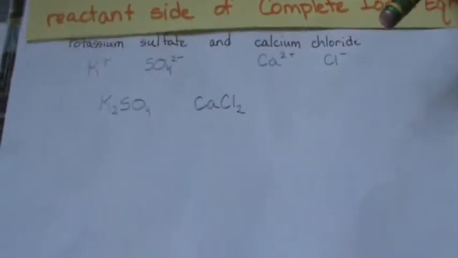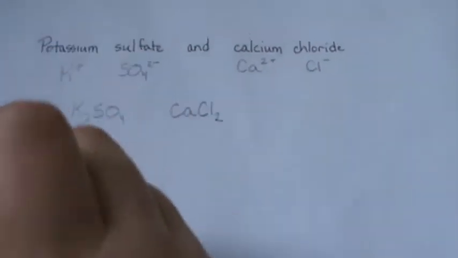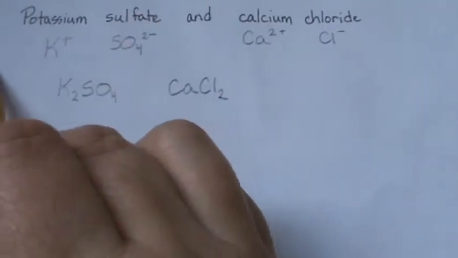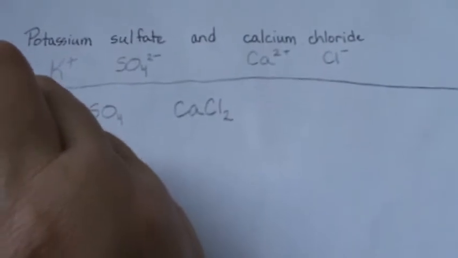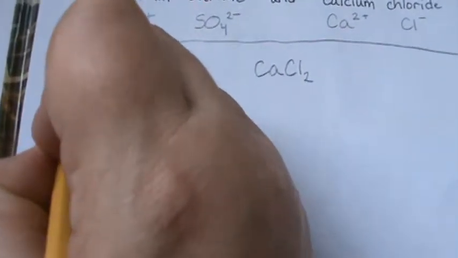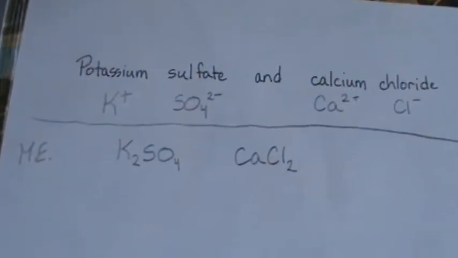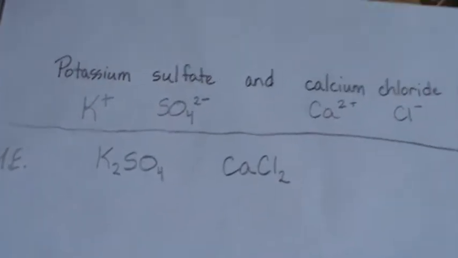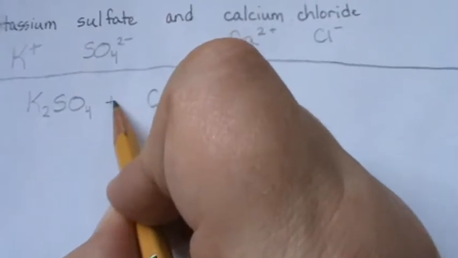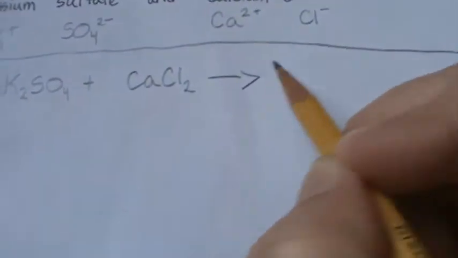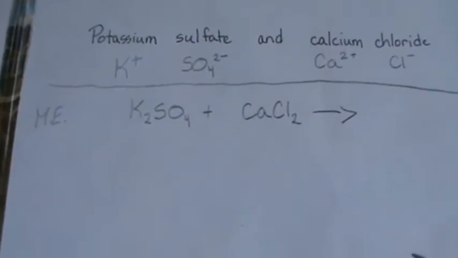And what I mean by that is we're going to start like this, and I'll say ME for molecular equation. And in a problem like this, I have these two here, and then a yield sign, and that's how we place them on the reactant side.